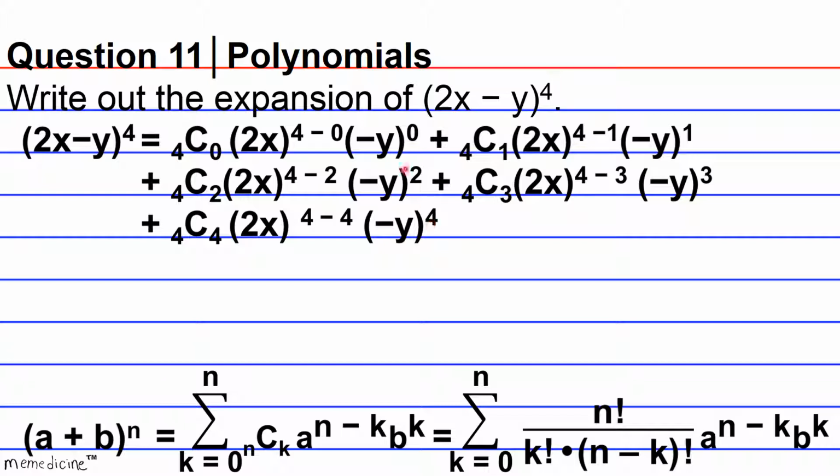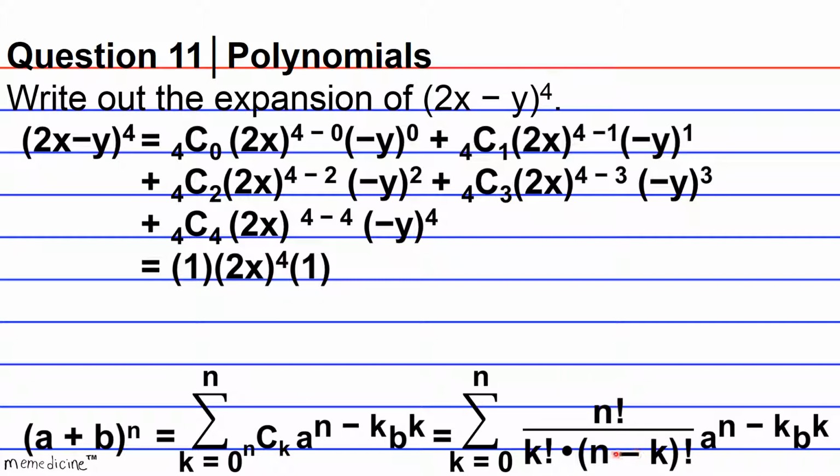And because we're starting our expansion at k equals 0, a fourth order binomial expansion will have 5 terms, okay? So this is what the first term reduces to. When you have 4 choose 0, anything choose 0 is always going to be 1, all right?